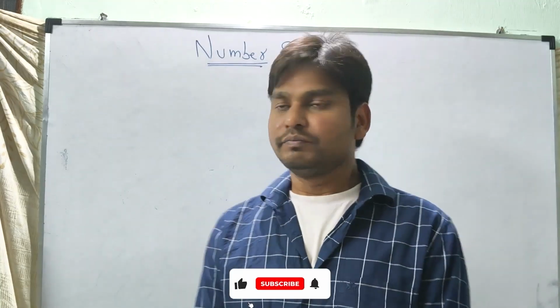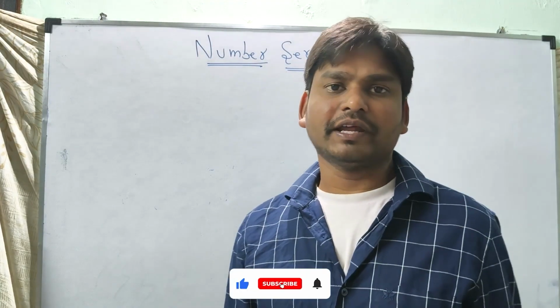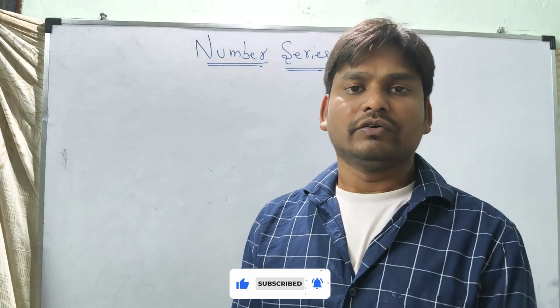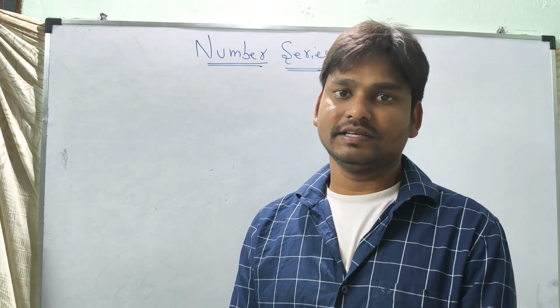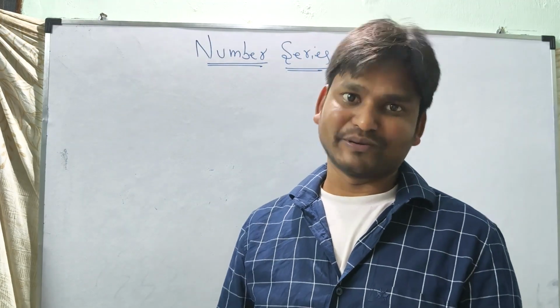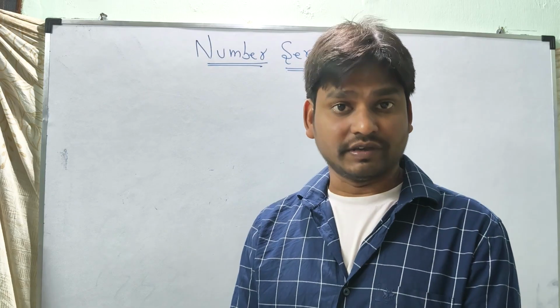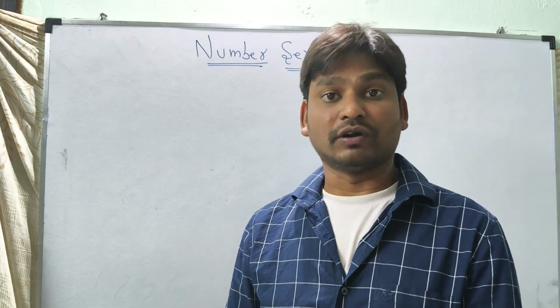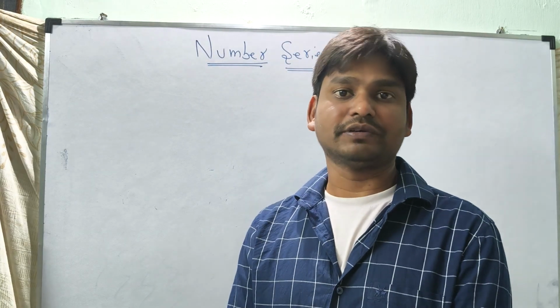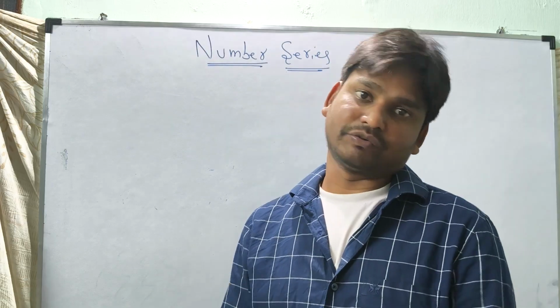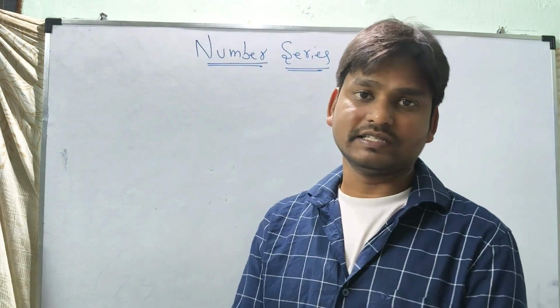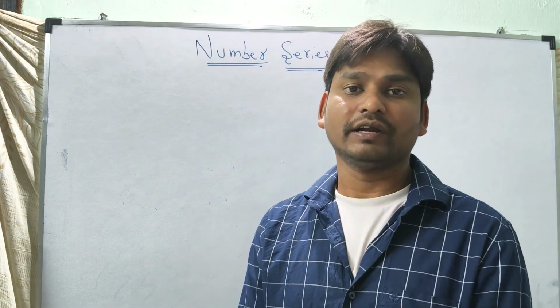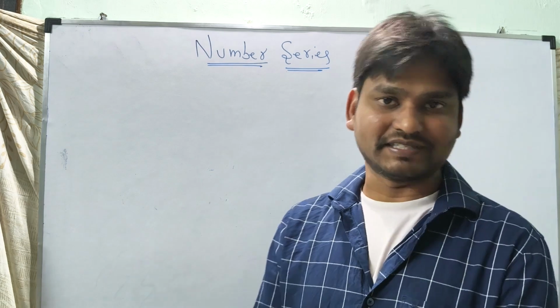Okay students, before moving on to the different types of series, we have to memorize prime numbers between 1 to 100, squares of numbers from 1 to 40, and cubes of numbers from 1 to 20. I will give all these details, and after that we will go for the different types of number series.